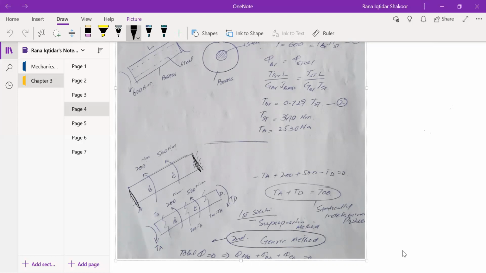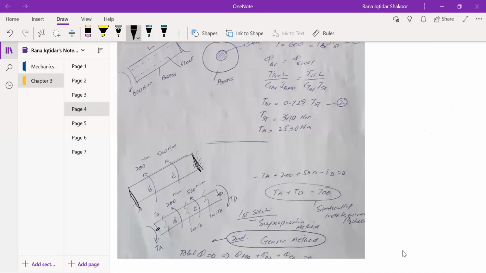Since TA is unknown to us, in section AB the torque will be TA, in section BC it will be 200 minus TA, and in section CD it will be 700 minus TA, right? And since point A and point D are fixed, they will not move.